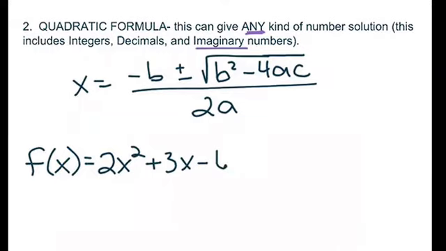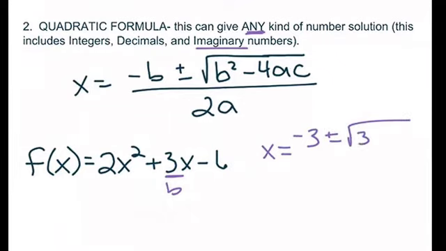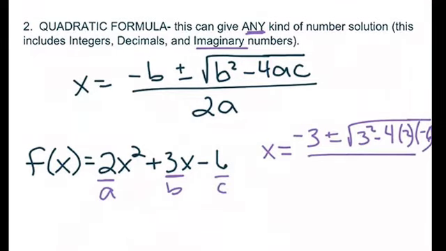Okay, so in this situation, I would do x equals negative 3, because 3 is my b value, plus or minus the square root of 3 squared minus 4 times a, which is 2, times negative 6, which is the c value, all over 2 times the a value, which is 2.